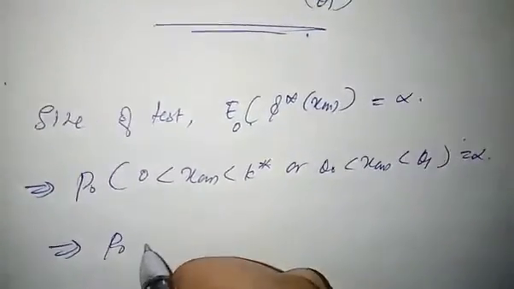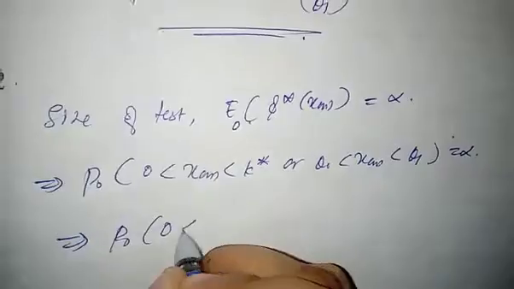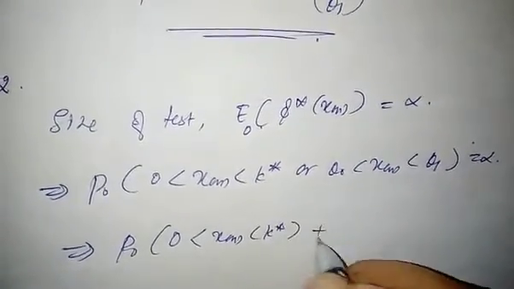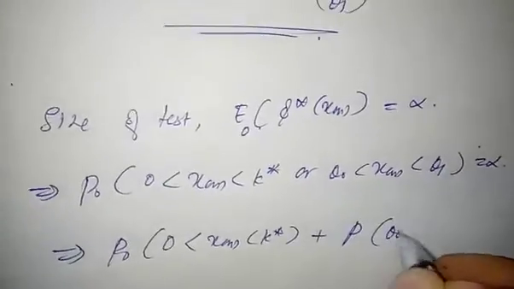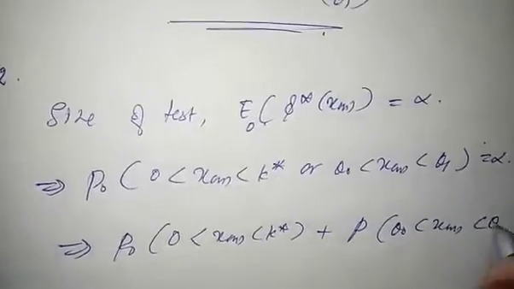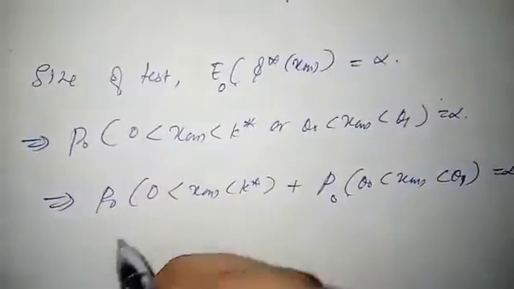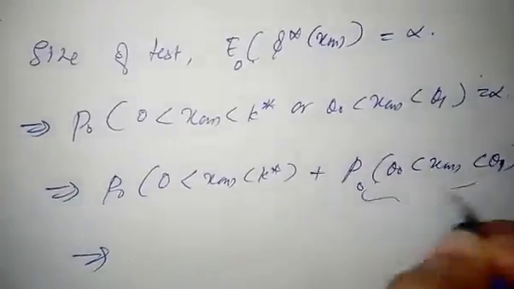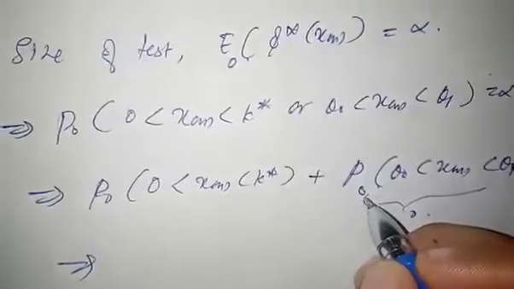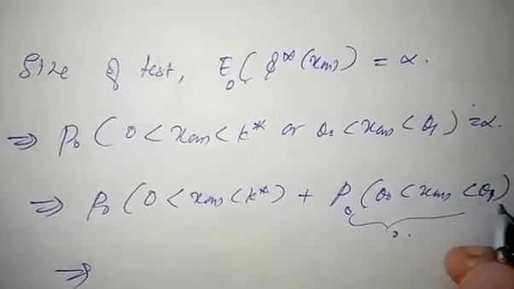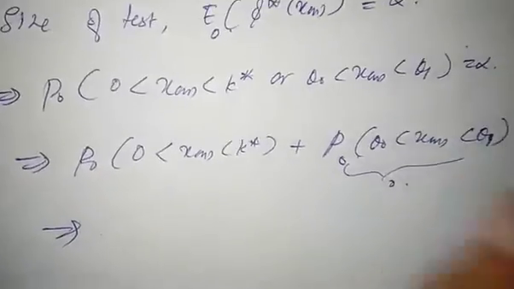You can write the probability of 0 less than xn less than k star plus the probability of theta naught less than xn less than theta 1, equal to alpha under h naught. We know that the second value is 0 because under h naught, xn takes values between theta naught and theta 1 with probability 0.